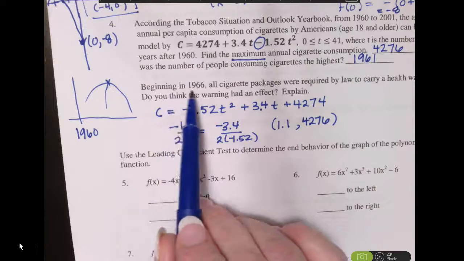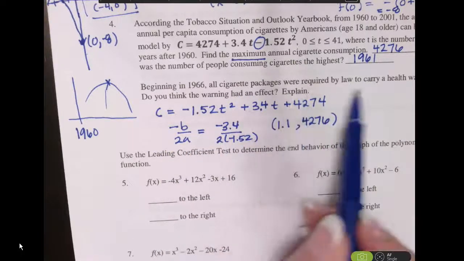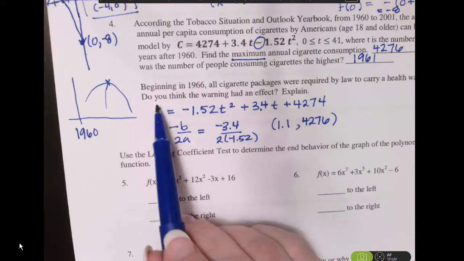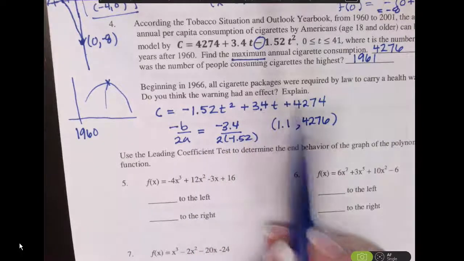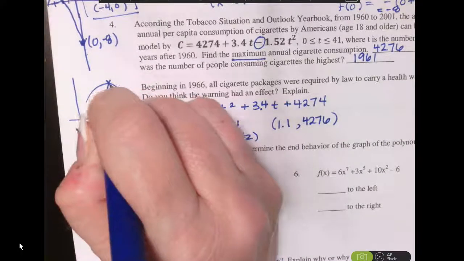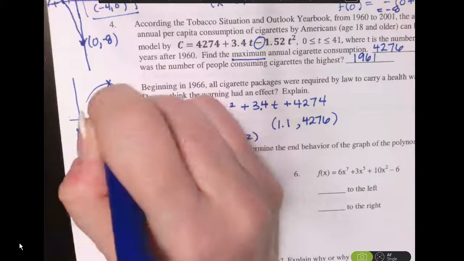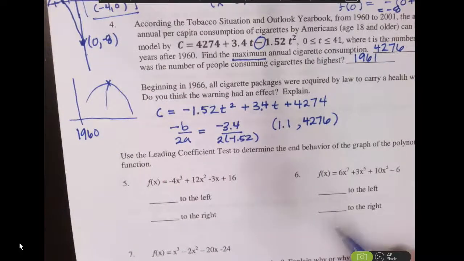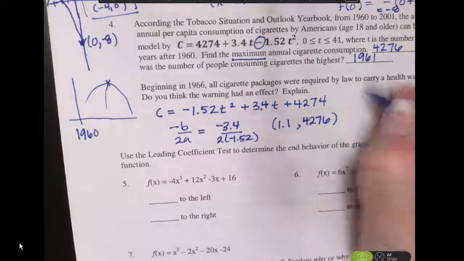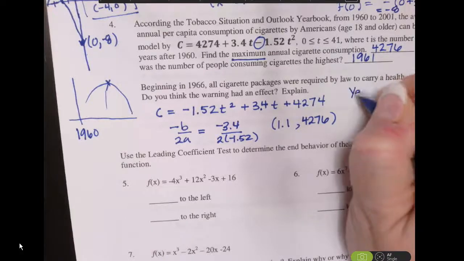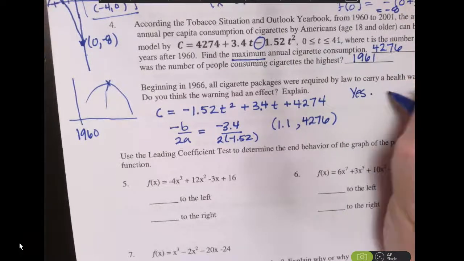Then beginning in 1966, all cigarette packages were required by law to carry a health warning. Do you think the warning had an effect? Well, it's a downward trend on a parabola, so I think yes, it had an effect.